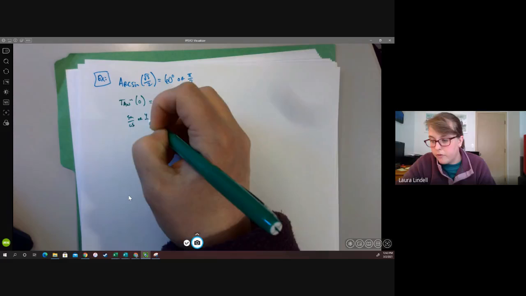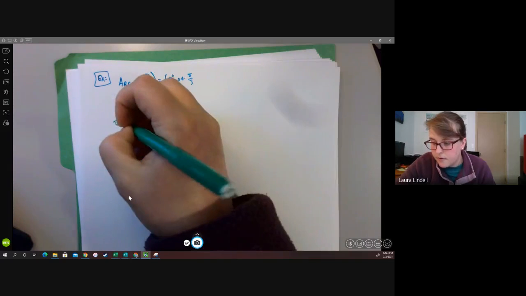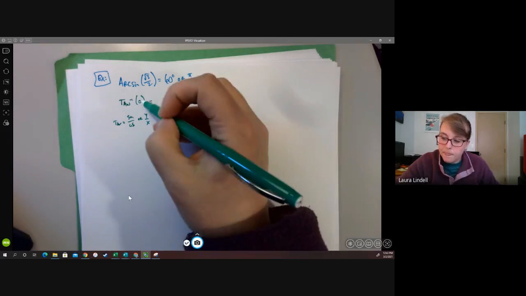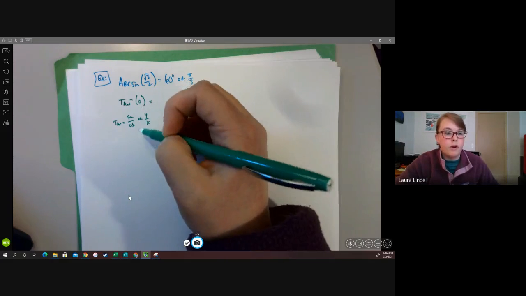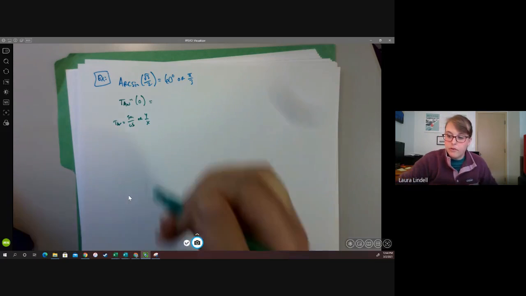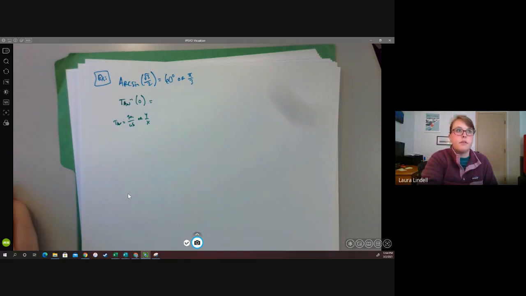Or y over x in this case. So arctangent of 0 is going to involve figuring out what angle spits out a tangent value of 0. So we want to find where the y value is 0 on our unit circle.